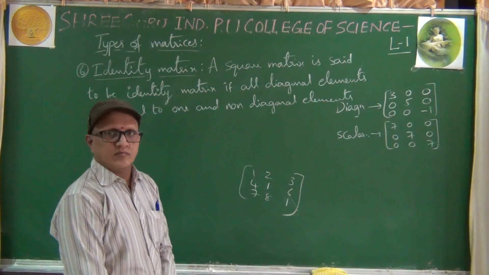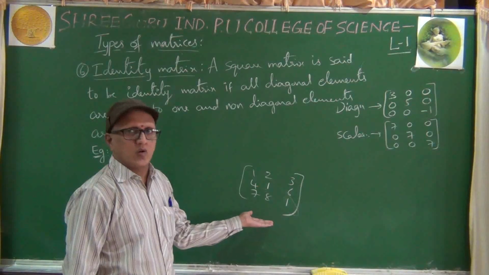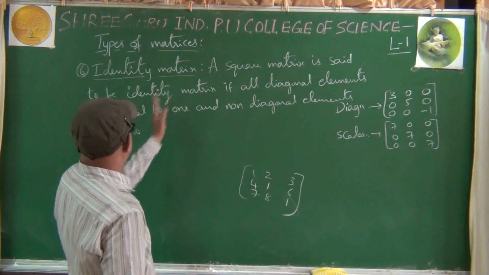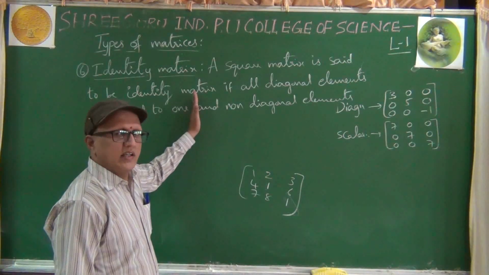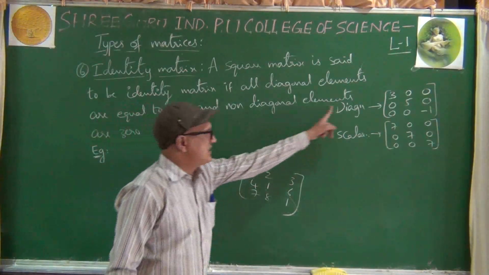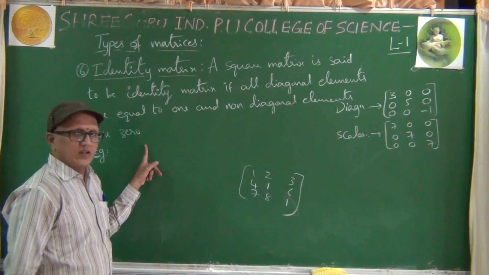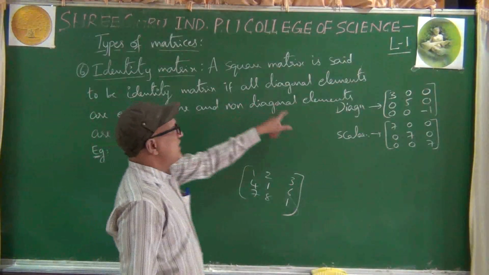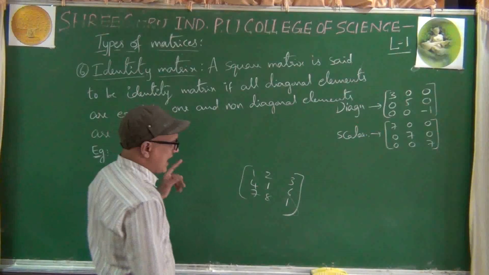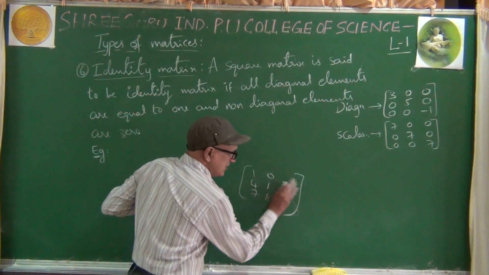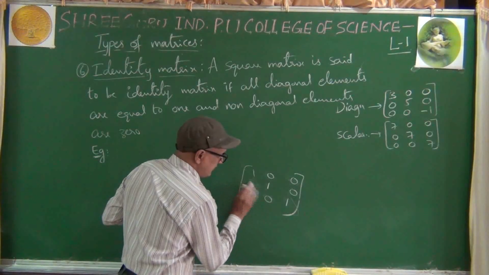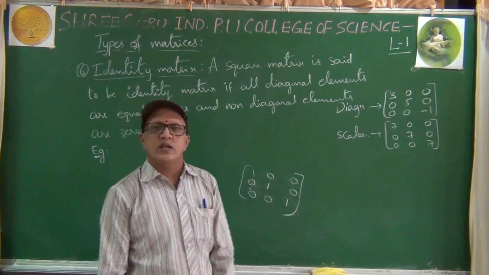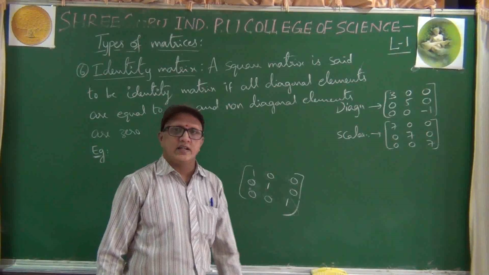Is it an identity matrix? No. Why? Because we did not finish yet. Up to here I stopped. So in the examination you have to write this also: and non-diagonal elements are 0. These should be zeros. This is called an identity matrix.